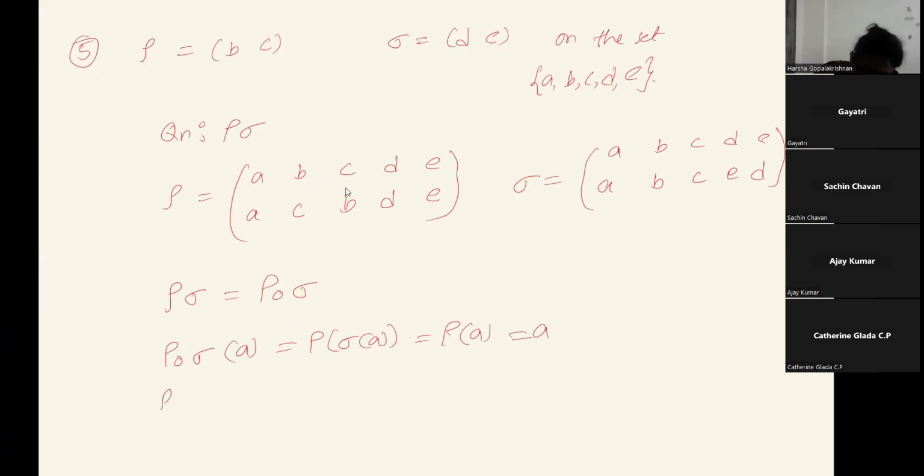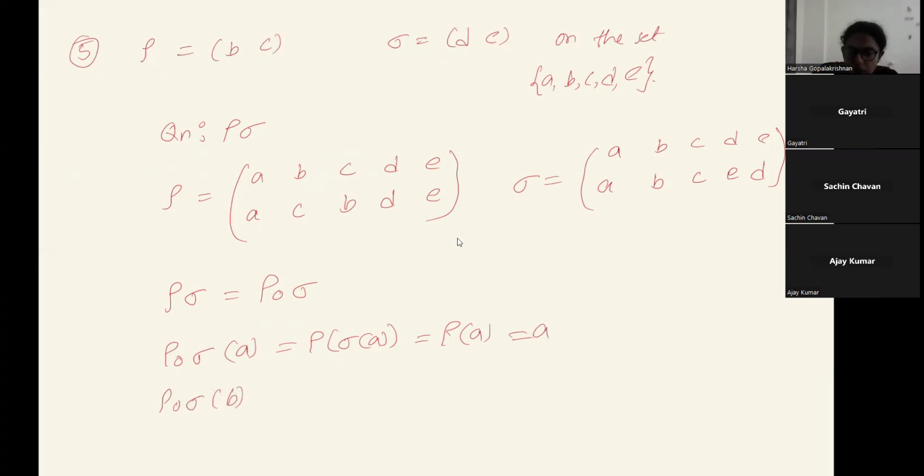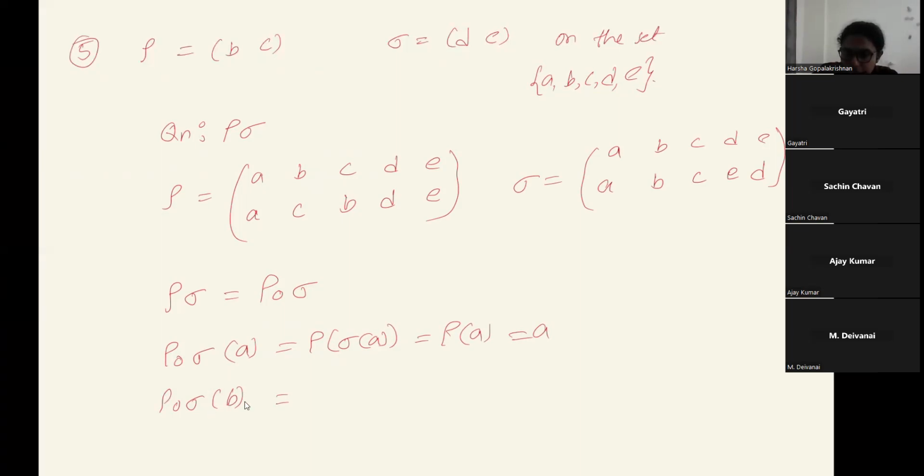Now, what is rho composite sigma of B? Rho composite sigma of B is rho of sigma of B, right? Which is equal to rho of B, since sigma of B means B is mapped to B. Now, what is rho of B?